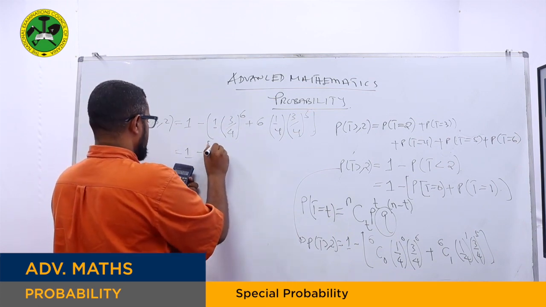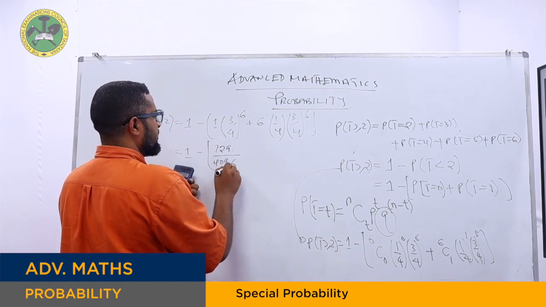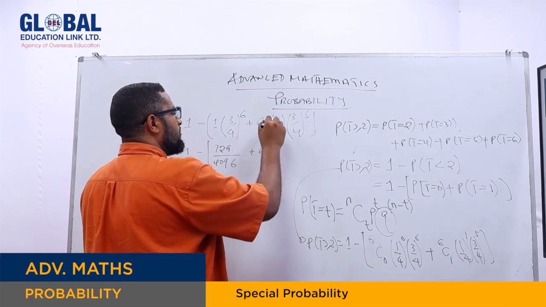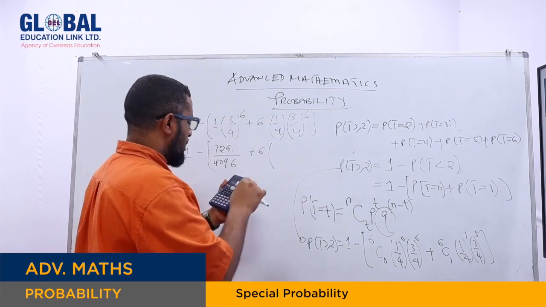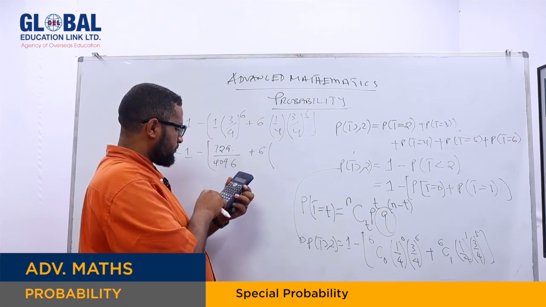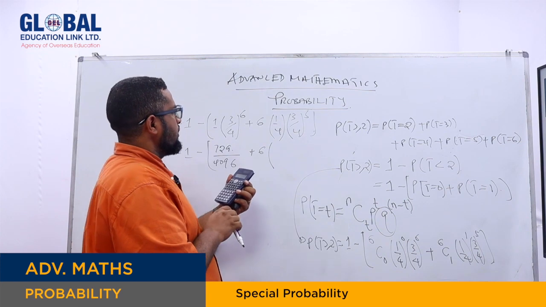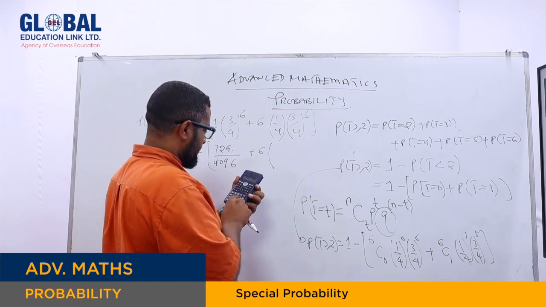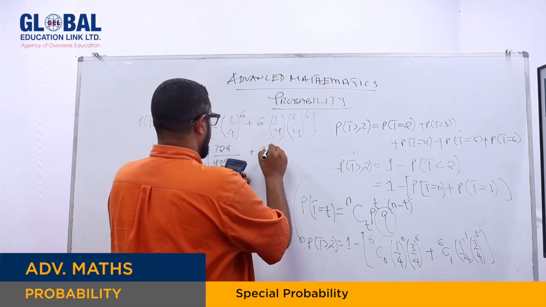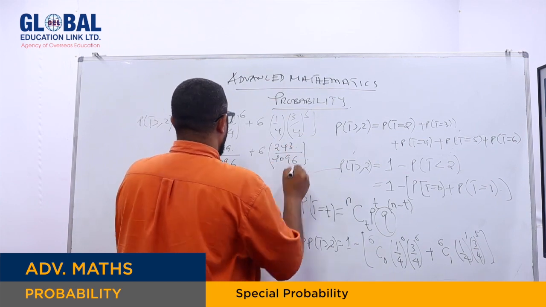Three over 4 to the power of 6 is 729 divided by 4096, plus 6. Now multiply by 1 over 4 times 3 over 4 to the power of 5. Again, taking 3 over 4 to the power of 5, then multiply by 1 over 4, the result is 243 over 4096.